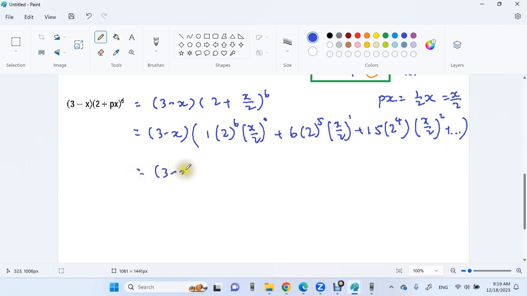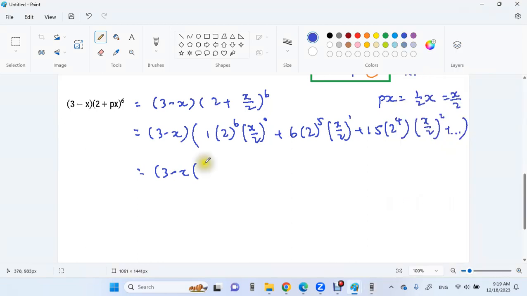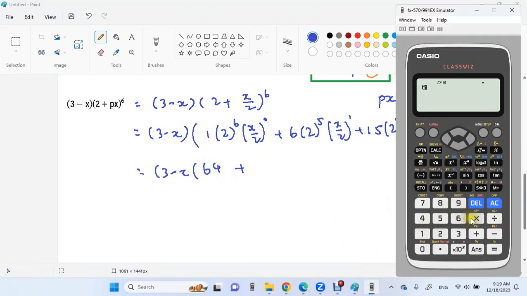So this is (3 - x) times: 2 power 6 is 64, plus 6 times 2 power 4. Why 2 power 4? Because 5 minus 1 is 4. If I multiply 2 power 5 divided by 2 power 1, then it's 2 power 4.